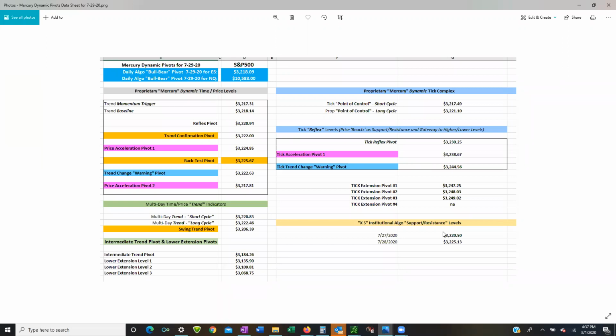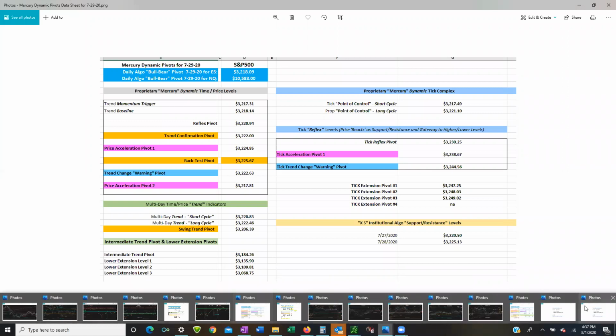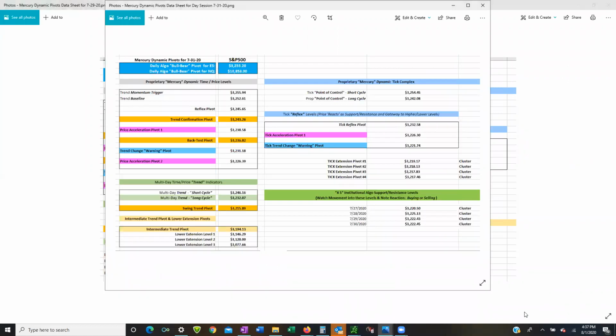And I'm going to show you a reason why we had that sharp sell-off on Friday in the morning and why it went where it went. In fact, so that I don't forget, let me do that right now. All right, so here are the dynamic pivots that were released pre-open on Friday. Now, one of the things that we saw all week is that there were these tremendous clusters.